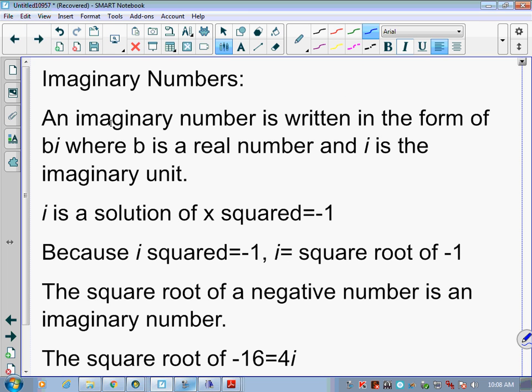An imaginary number is written in the form of bi, with an italicized i, where b is a real number and i is the imaginary unit. We actually do have a key for this in our calculator. If you pull out your graphing calculator, you see where the period is at the very bottom in the very middle?